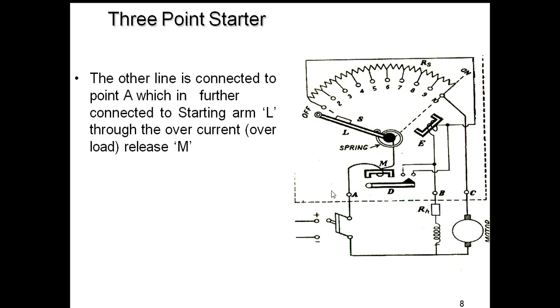And the other line, the positive terminal, is connected to point A, which is further connected to the starting arm L through the overcurrent coil M.